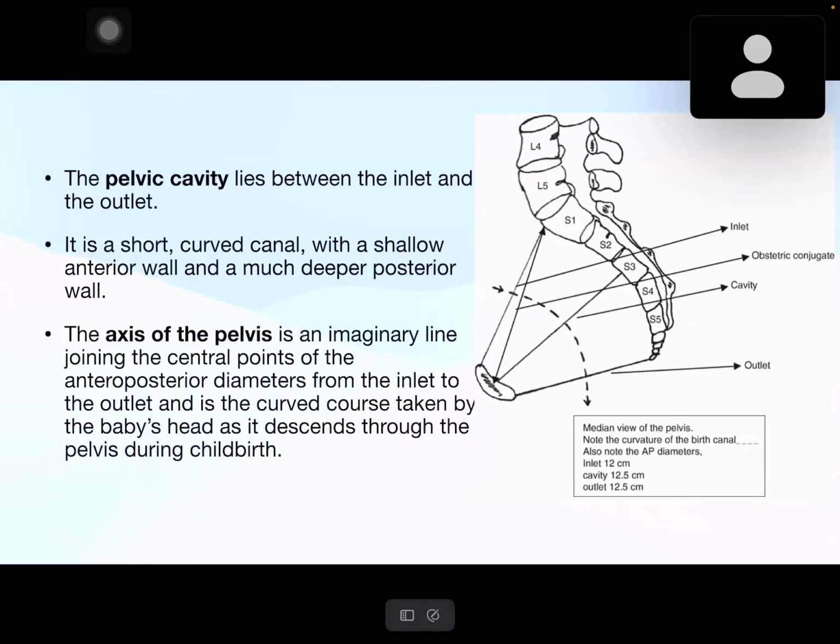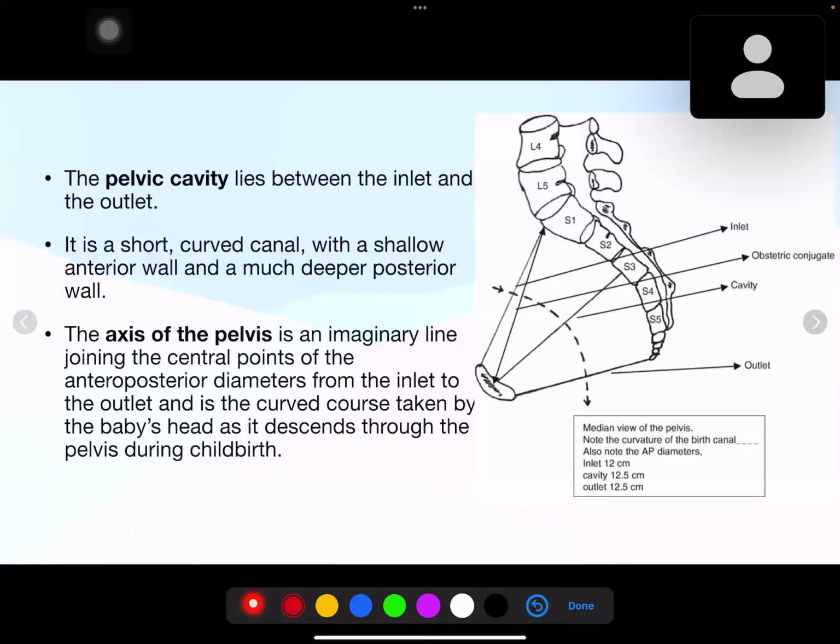Now, what's inside the pelvic inlet and outlet? See, if you say this is the pelvic inlet, from the pubic symphysis to the sacral promontory, and then this will be the outlet from the pubic symphysis till the coccyx, everything inside this would be the cavity.